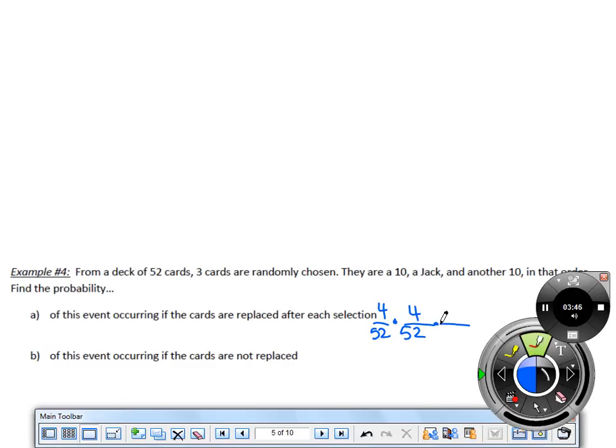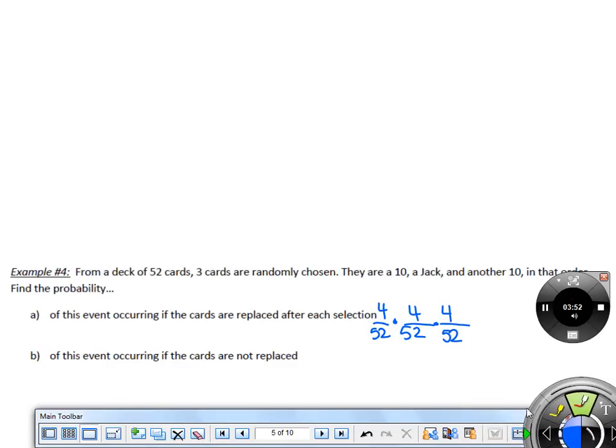And then another 10, still 4 out of 52. Okay? So each of these reduces to 1 out of 13. And so then we just have to know what 13 cubed is for our denominator, which is 2,197. So this is 1 out of 2,197.